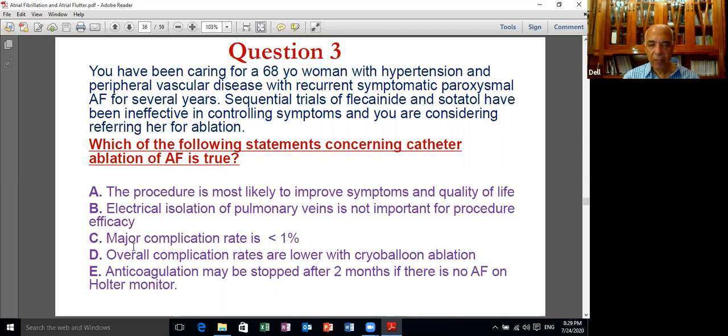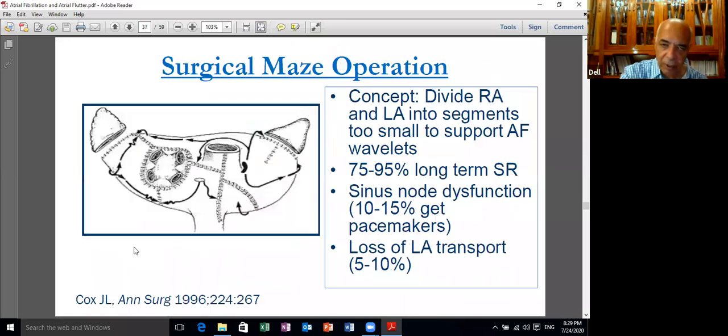Anticoagulation is stopped after 2 months if there is no atrial fibrillation? We should continue anticoagulation based on the CHA2DS2-VASc score. This was the big mistake that we learned from the AFFIRM trial, not to stop anticoagulation if the patient is a candidate for anticoagulation.